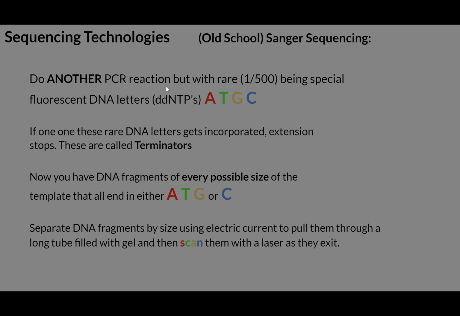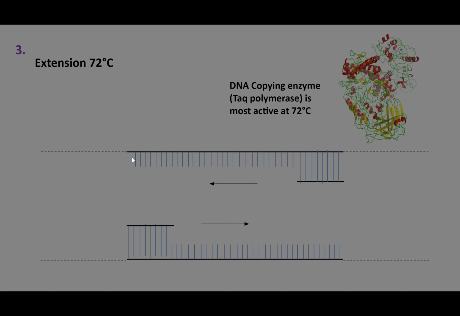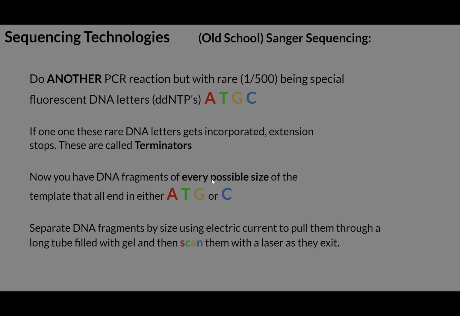And you'll end up with a strand of DNA. Let's say it's this strand right here, and it'll add nucleotides, add nucleotides, add nucleotides, keep extending until one of these special ones comes into place, and then it stops extending. And so you end up with a fragment that ends in a fluorescent nucleotide.